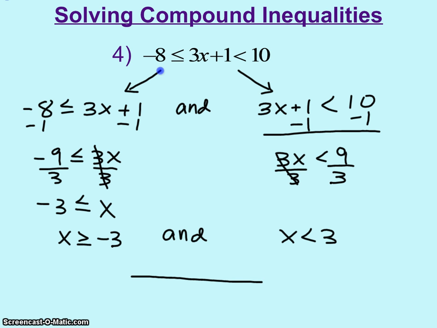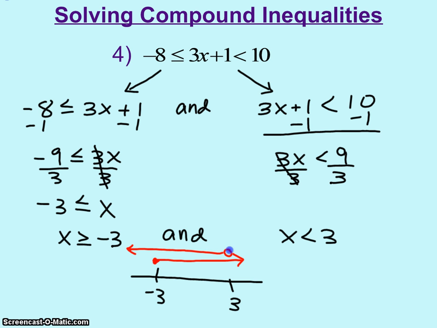Looking at a graph of that, I have x is greater than or equal to negative 3, which means I'm going to put a solid dot on negative 3 and an arrow to the right. And then I have x is less than positive 3, which means I would do an open dot because it's less than but not equal to positive 3.